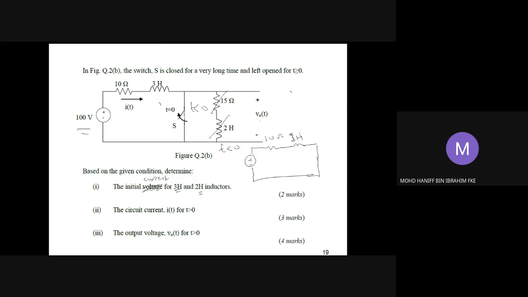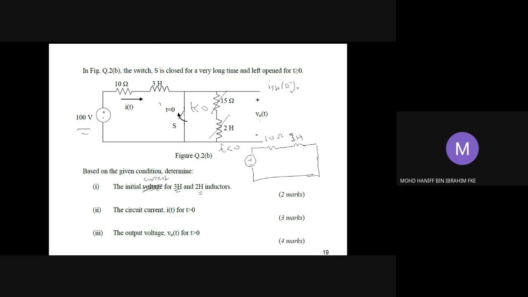From these conditions, we can simply use it to find the initial current for the 3 Henry and 2 Henry inductors. So for the 3 Henry inductor, which is I 3H of 0 negative, we can find the initial current. Sorry, I apologize.